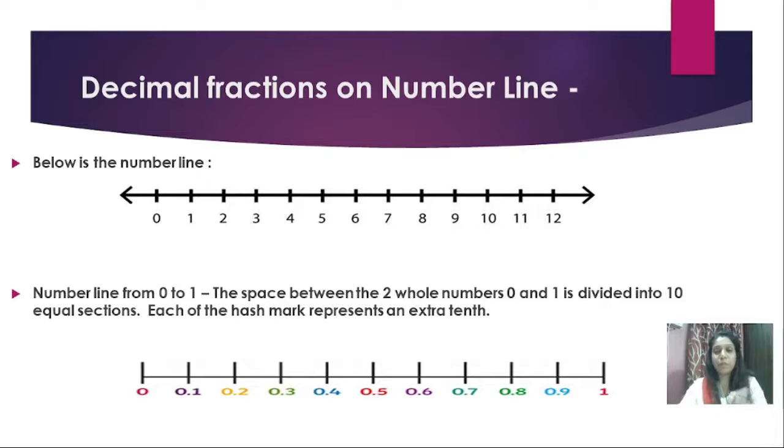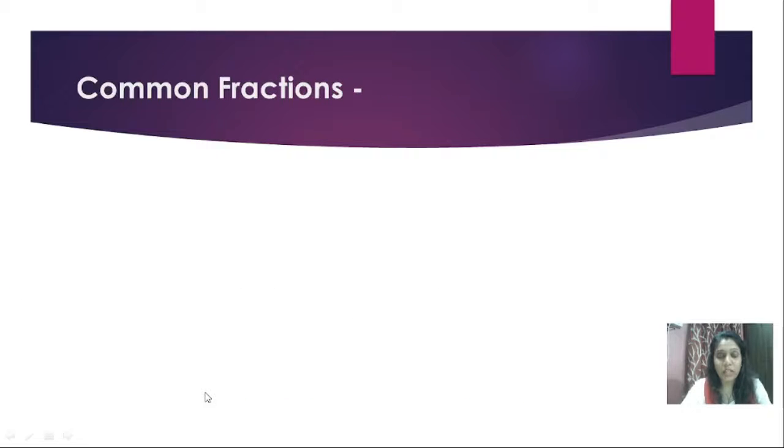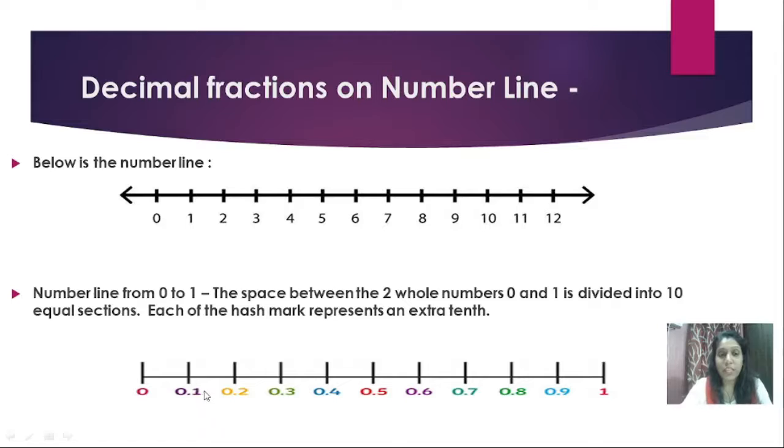So the space between the two whole numbers 0 and 1 is divided into 10 equal sections. Each hash mark represents an extra tenth. So if you see in your scale, which is a number line, you will see these marks which I have written as 0.1, 0.2, 0.3 till 0.9.